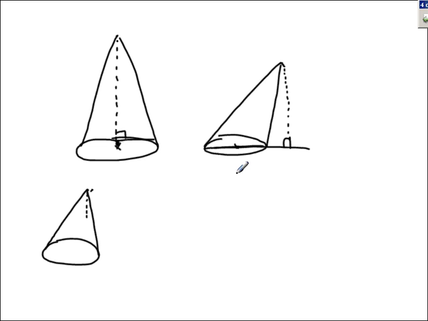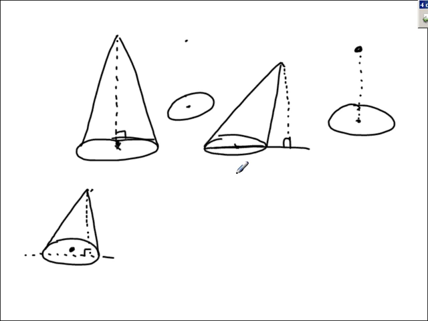And when I drop down the perpendicular, yes, it meets with the base at a right angle, but it didn't hit the center. A right cone is when it hits the center. Here's the center. Well, let me draw it a little bit better. Here's the center. Right above it is that vertex. It goes like this. That's a right cone.